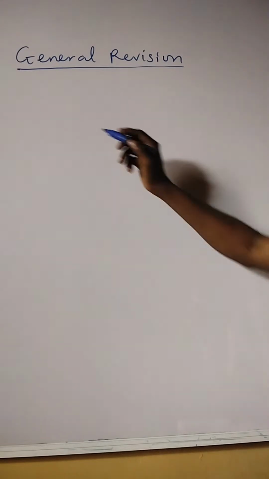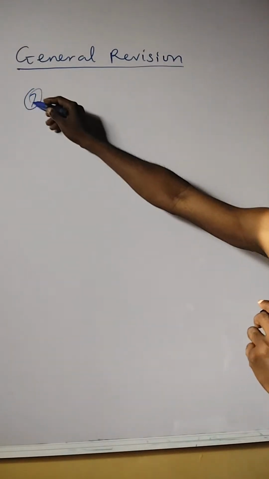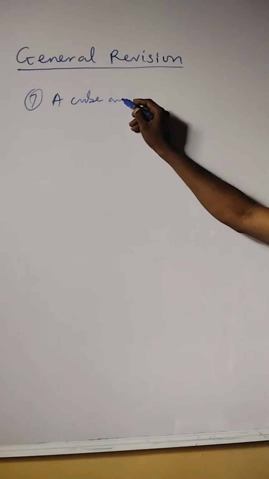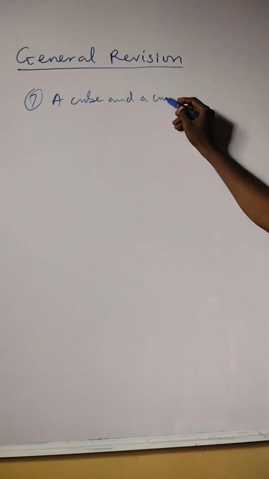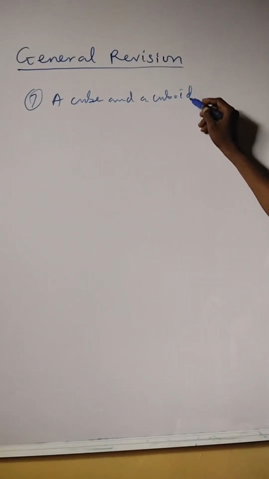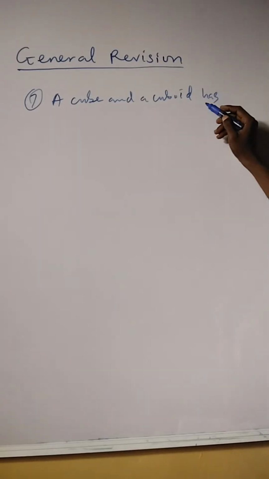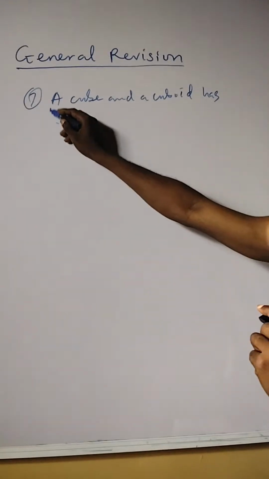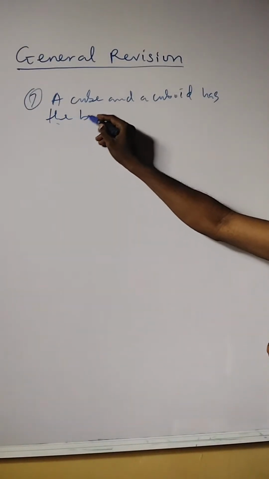Let's look at this. It's an interesting question. A cube and a keyboard have the same base area.